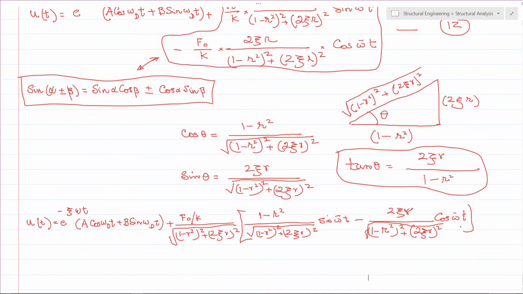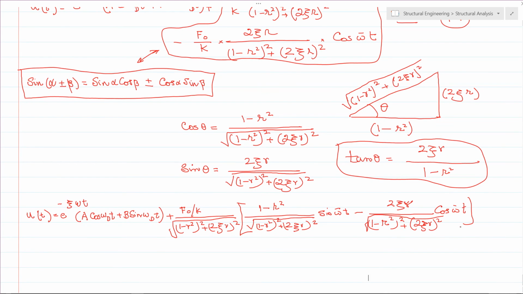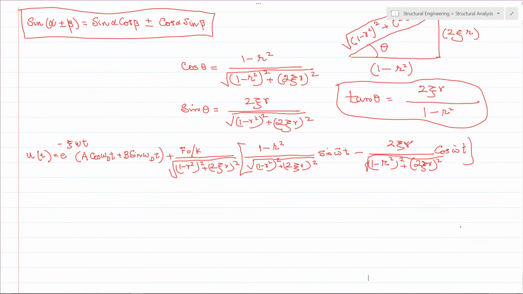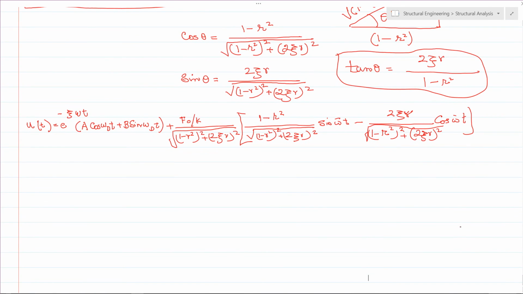Now I can apply this equation. So this is cos and this is sine.